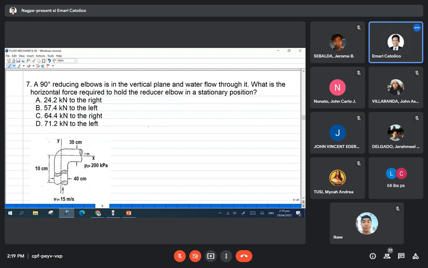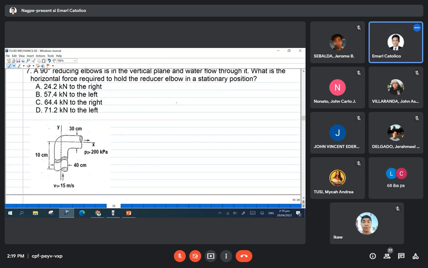Okay. Number 7. A 90-degree reducing elbow is in a vertical plane and water flows through it. What is the horizontal force required to hold the reducer elbow in a stationary position? So, ito daw yung elbow natin.